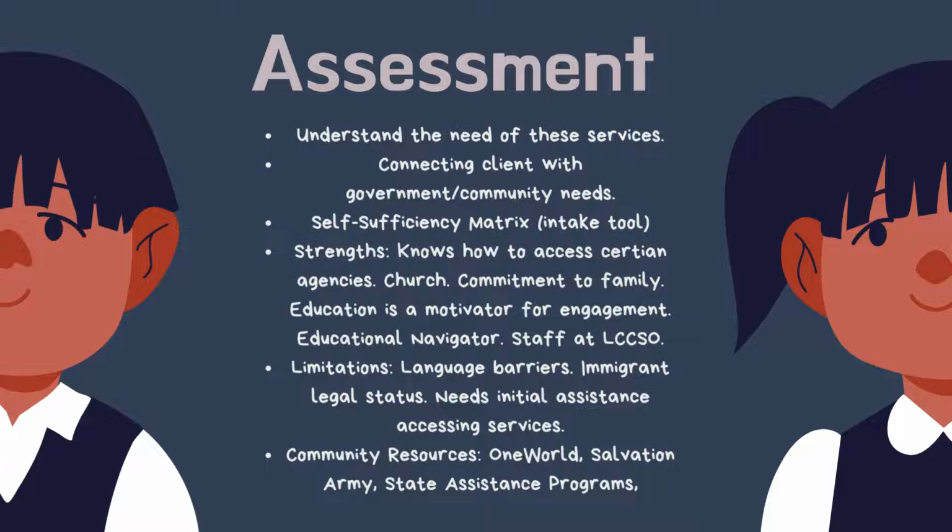She's familiar with some services in the community, so I believe that's a strength. The church is a huge supporter for her. Overall, it empowers her throughout her typical lifestyle. She has a commitment to family. She's very family orientated. She gets strength from her family, I would say.